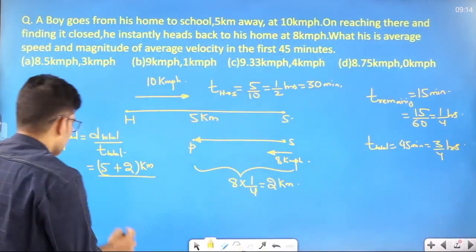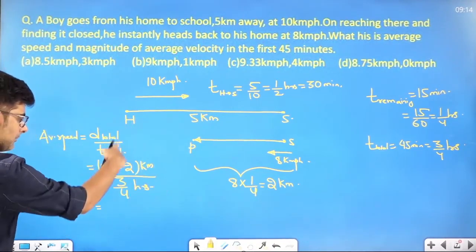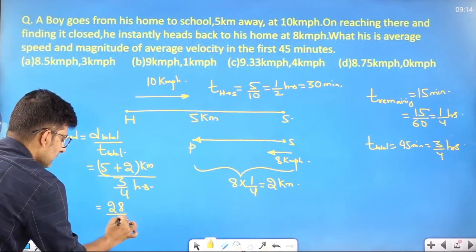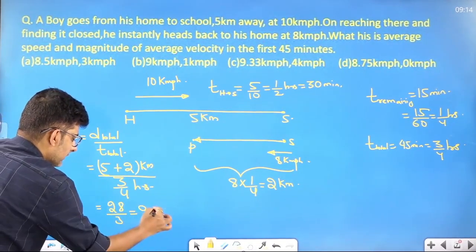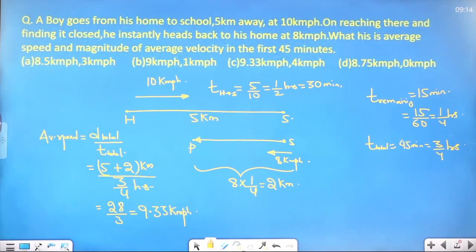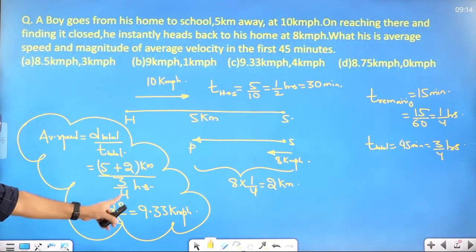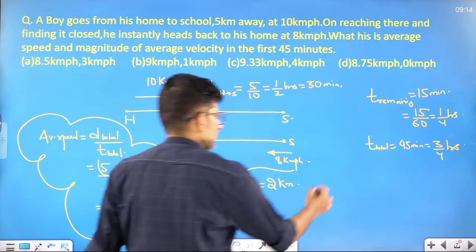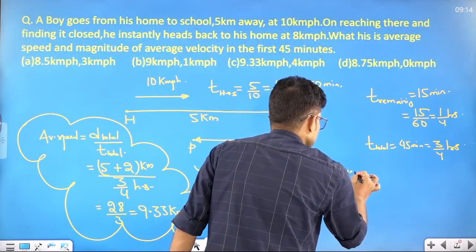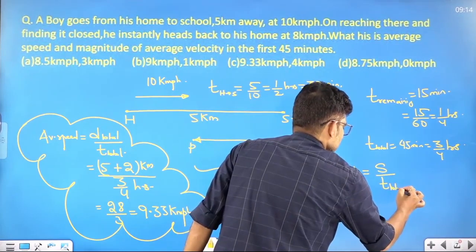So if I write here 3 by 4 hours, so this will go up, 7 4s are 28 by 3, that is 3 9s are 27, 9.33 kilometer per hour. So average speed, if you check from here, this value is 9.33 kilometer per hour.